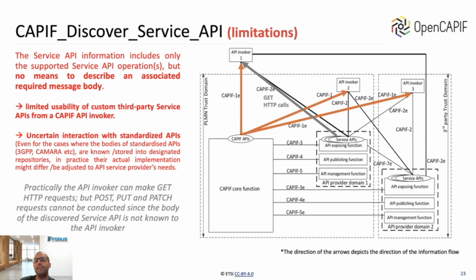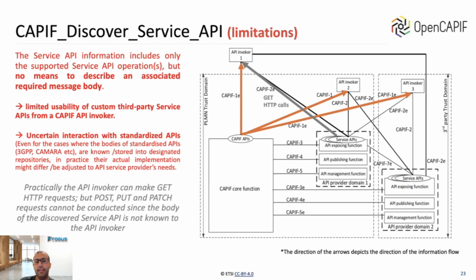There is no standardized API for some custom API service. That is the first one, and the second is what we also said before, that even for the standardized APIs, versions and implementations among the providers may vary.